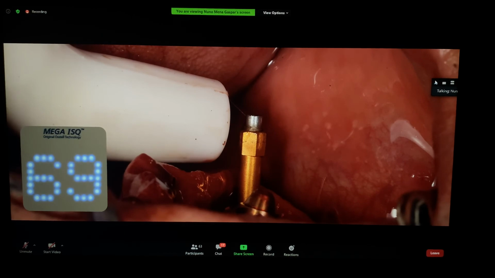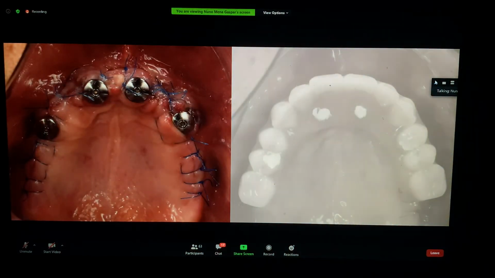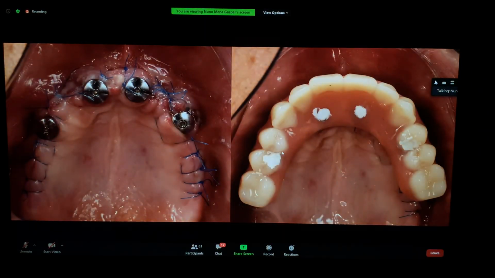So yes, I had enough torque to do that, but instead I did the provisional only on the four anteriors. Why?